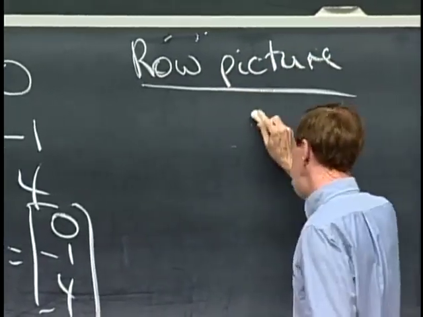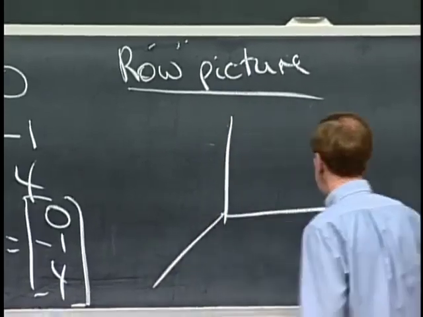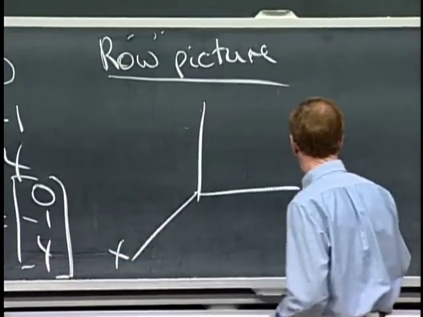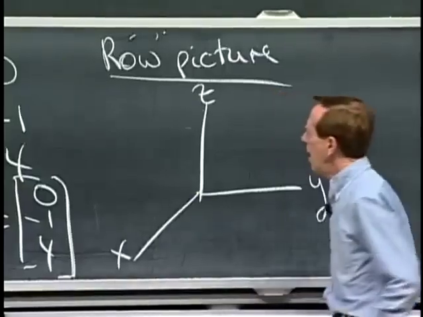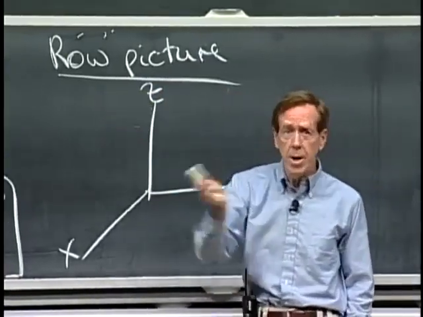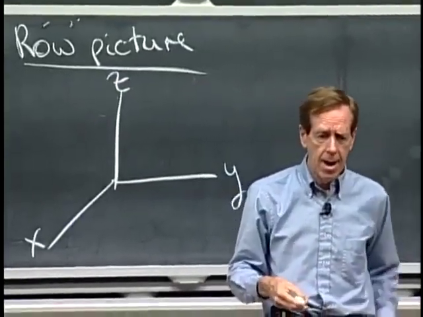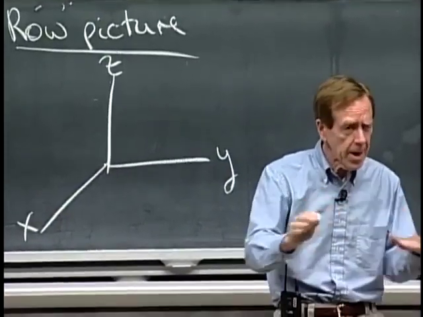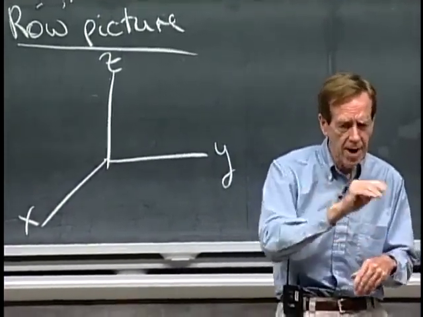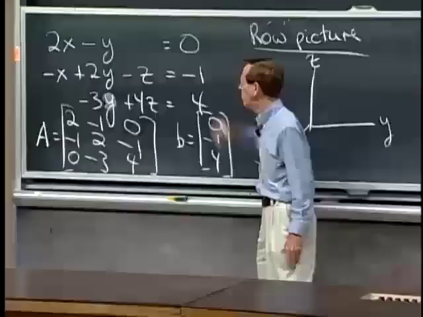All right, so I'm in 3 dimensions, x, y, and z. And I want to take those equations one at a time and make a picture of all the points that satisfy. Let's take equation number 2.